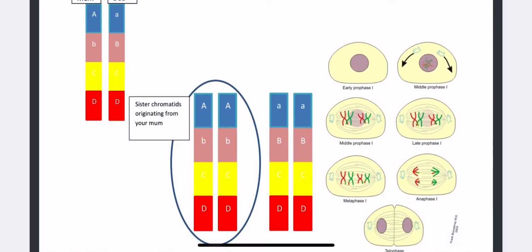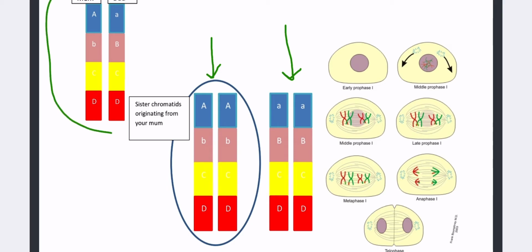So we have 2 of mum's here and 2 of dad's over here. Now these are, as the picture would indicate, called the sister chromatids. Okay, so just to get your terminology right, over here, this is a homologous pair.